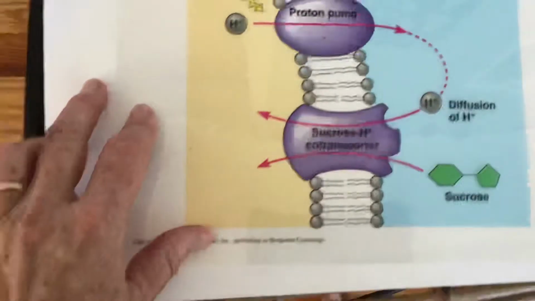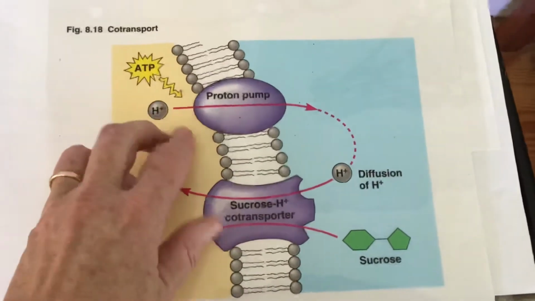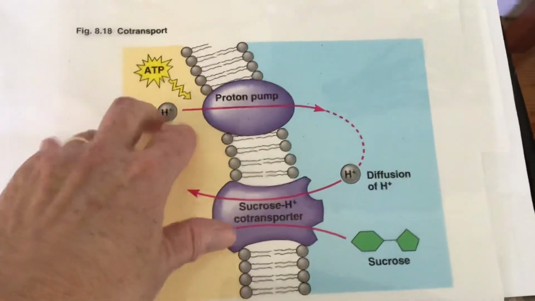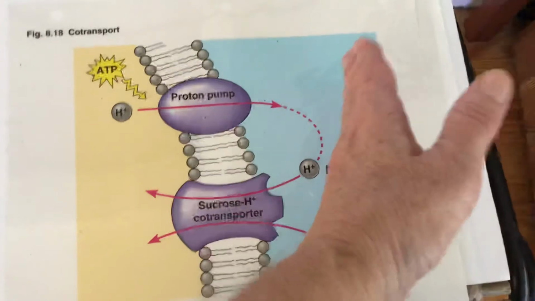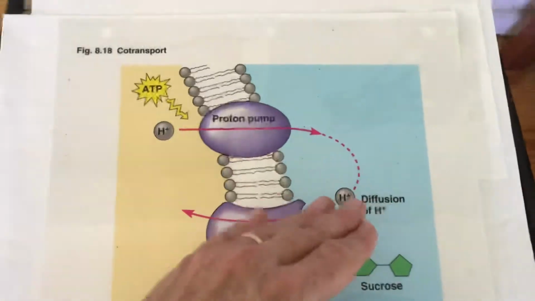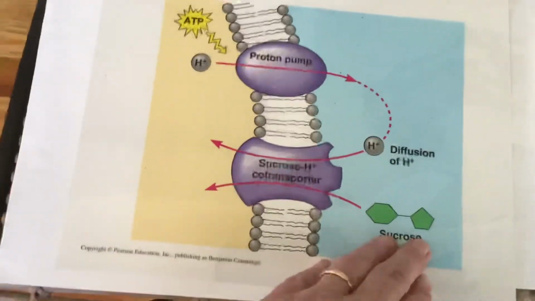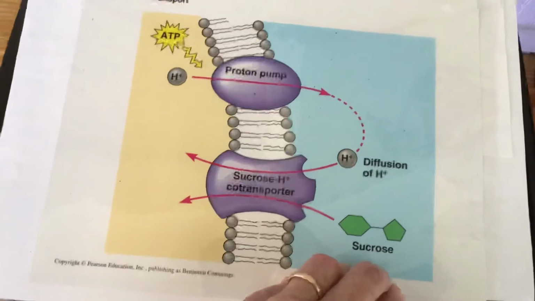And the last one I wanted to talk about is something called co-transport. Co-transport uses this electrogenic or proton pump to pump the hydrogen ions across the membrane and create the electrical potential. And that potential in this case is used to bring across a larger molecule like sucrose, which is a disaccharide.